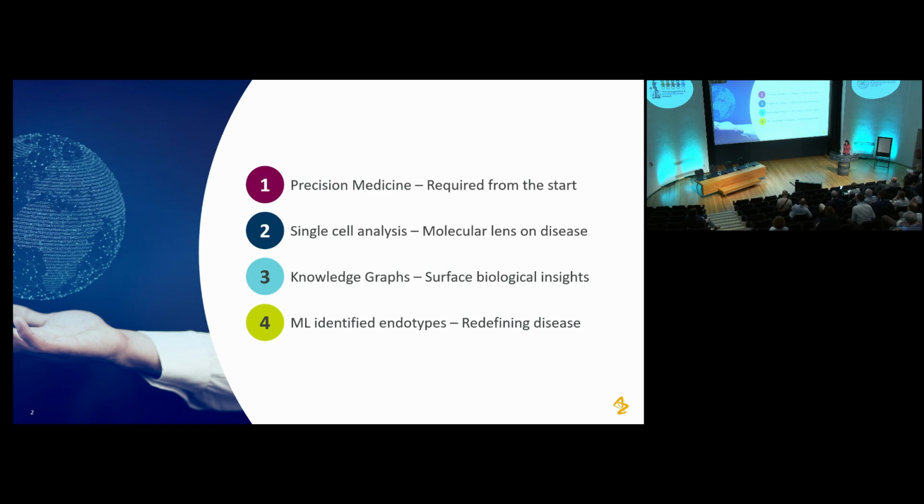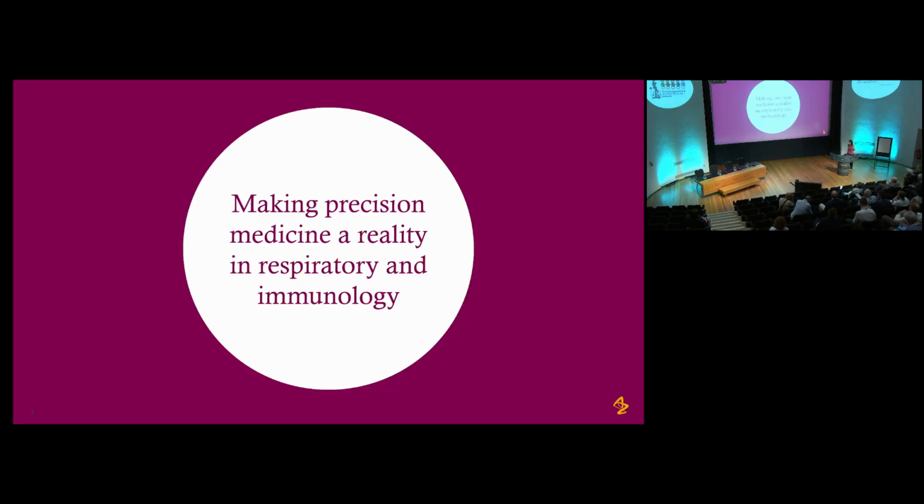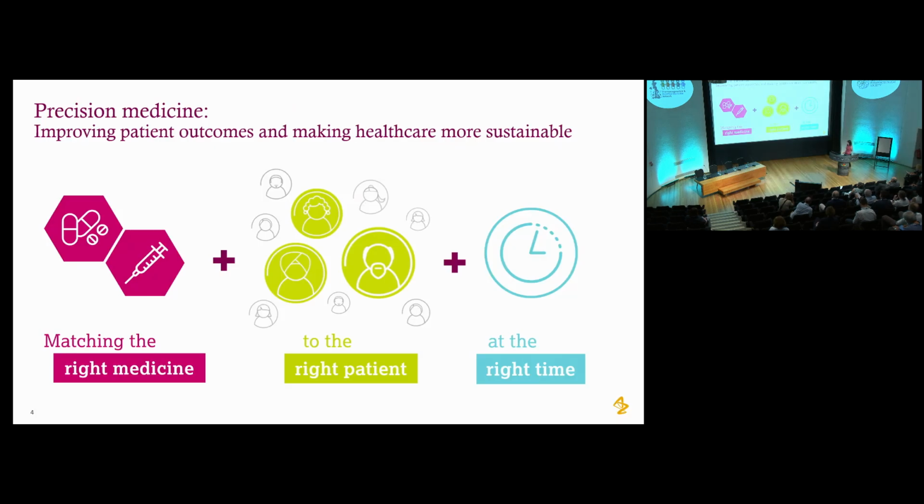However, before I go there, I'll first discuss a little bit more on why precision medicine is really important in the respiratory and immunology field, because that is really our remit. We really want to make precision medicine a reality because we're not there yet in respiratory and immunology. So, for decades, scientists have been studying the causes of disease.